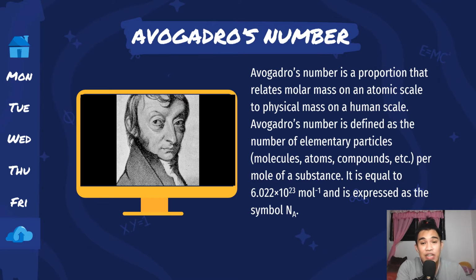That's why it is equal to 6.02 times 10 raised to the power of 23 per mole, or it could be written also as 6.02 times 10 raised to the power of 23 mole raised to the power of -1. And it is expressed as the symbol N sub A. So that is Avogadro's number.